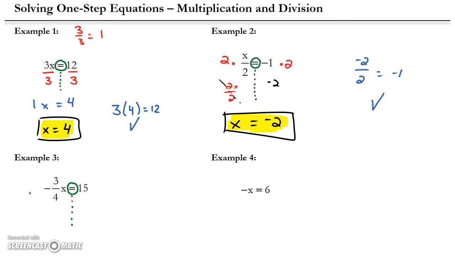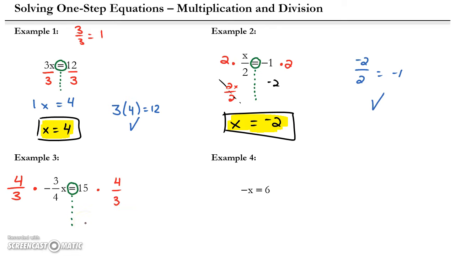The reciprocal is when you flip the fraction. So I could say that this is the same as multiplying by 4/3. If I wanted to divide by 3/4, that would be the same as multiplying by 4/3. So on this side, I'm going to multiply by 4/3.